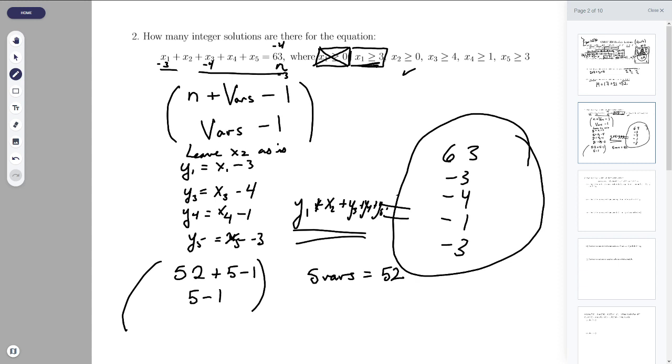So in this case, it's 56 choose 4. I don't think I'm going to really evaluate this, and on your exam, you don't have to evaluate these combinatorial terms.